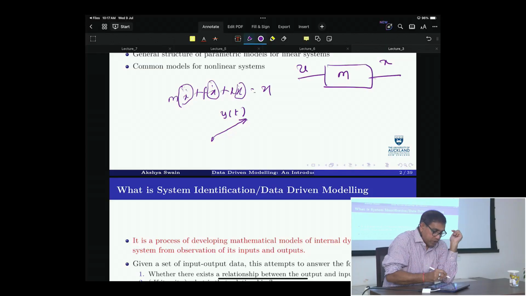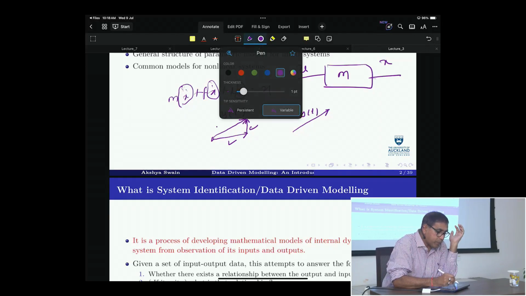The first approximation: I take one vector here, another vector here, and approximate, right? This one plus this one is equal to this one. Another one: the same y of t is here, and the same thing I am approximating.